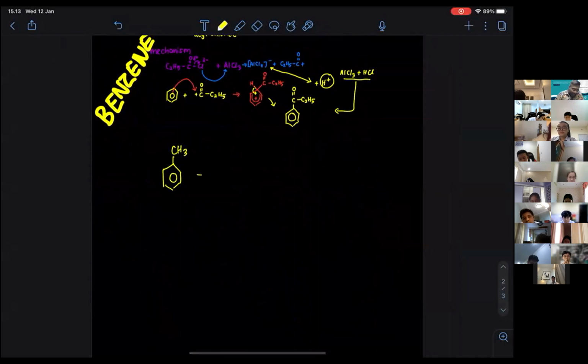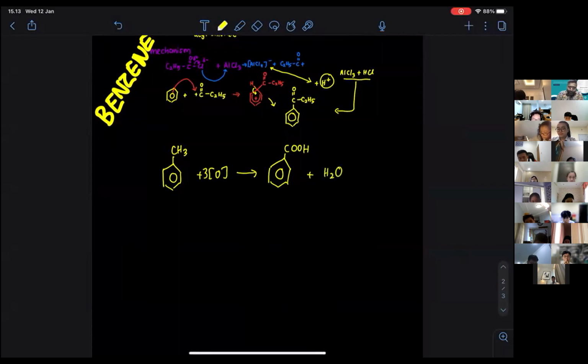So this one plus O, it's much easier if you memorize it. They are going to give you carboxylic acid, benzoic acid, COOH, and then water over there. So this is the reaction, and you reflux with alkaline, KMnO4, acidified.